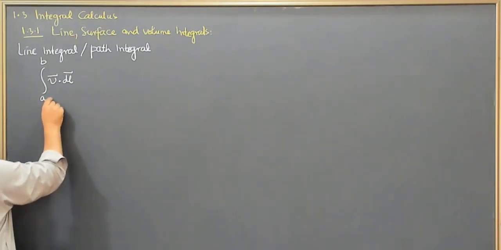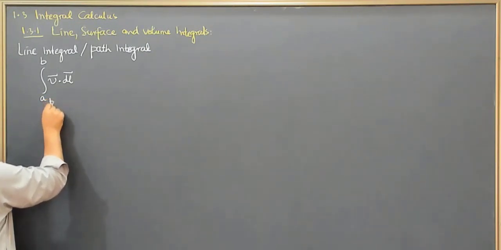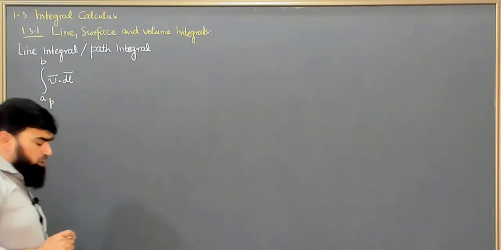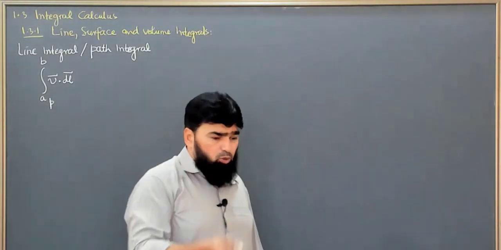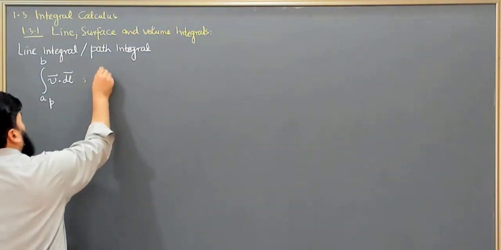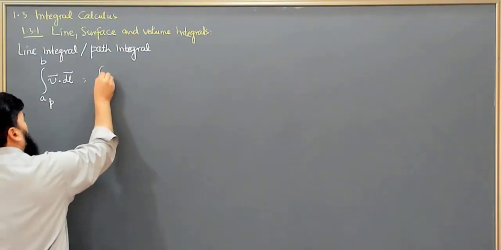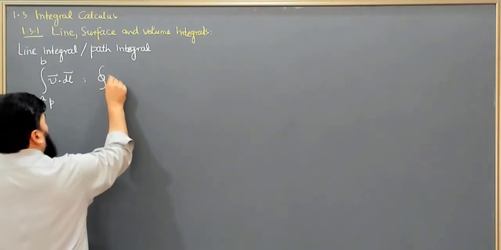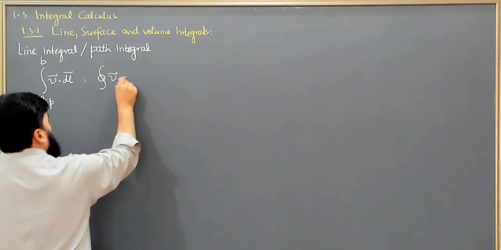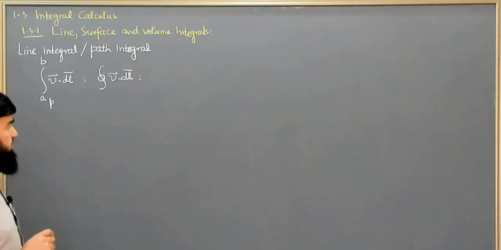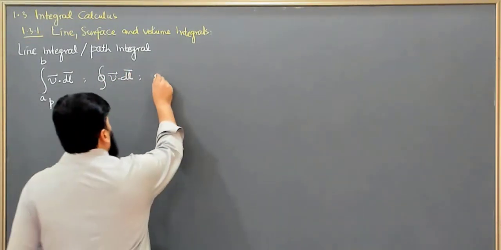Sometimes we write p here as well in order to show the path integral, and if this path integral is around a closed loop, then we write it as a closed loop or closed path integral of v dot dl. The very familiar example of this is work.